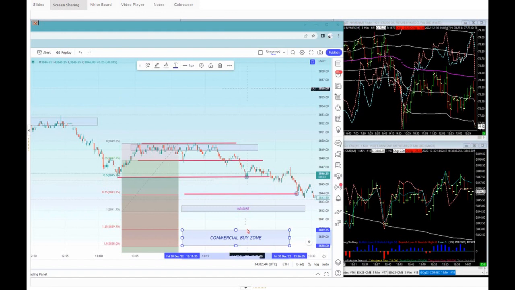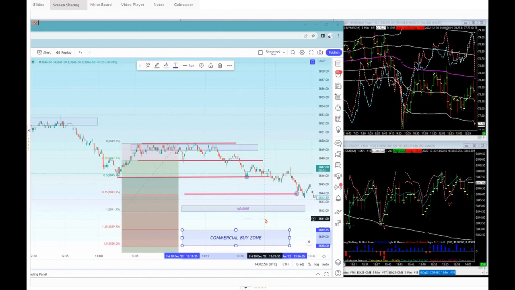Okay, so we've now got the commercial buy zone. Hold on a second. Why is the measure always 1.5?